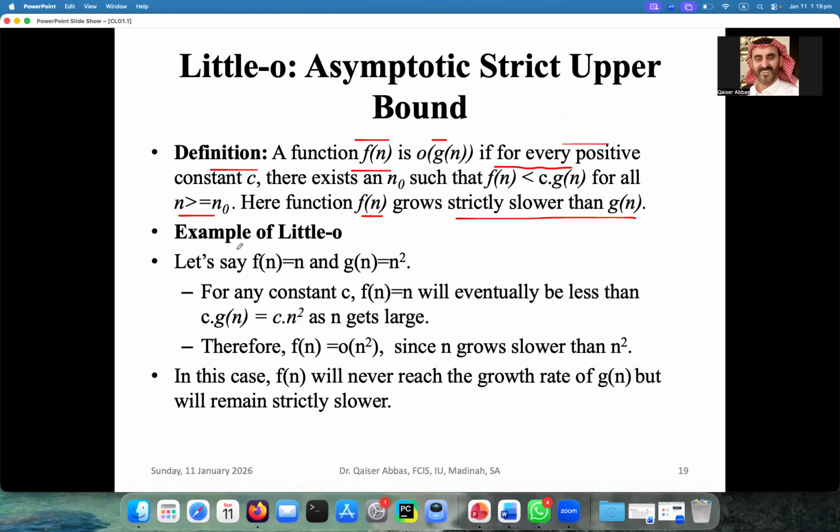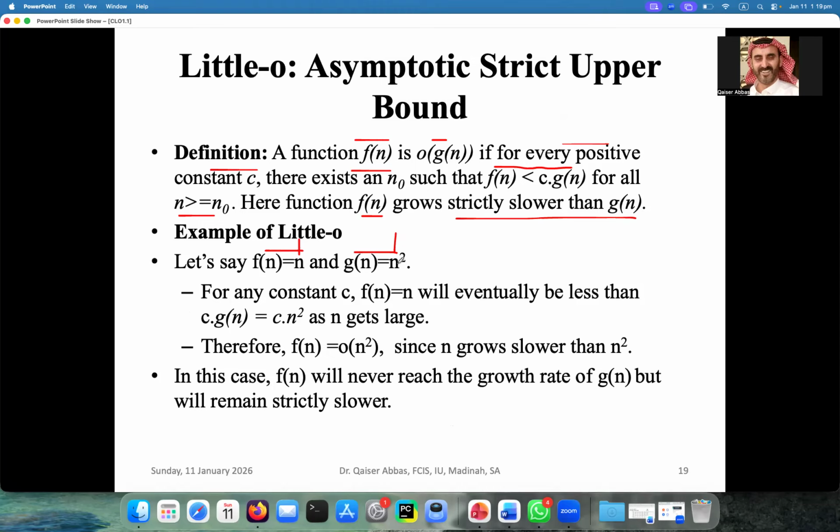Example of little o: f of n is equal to n and g of n is equal to n square. A simple example: f of n is n, and g of n is n square. From the equations, n is always less than n square.